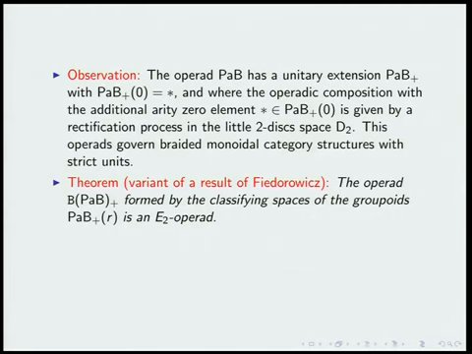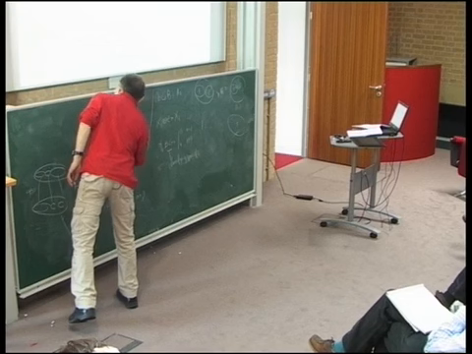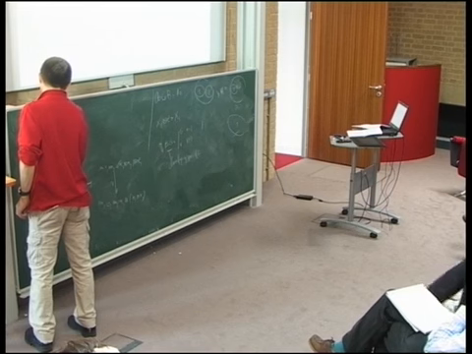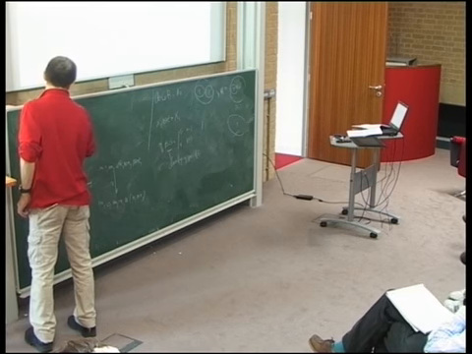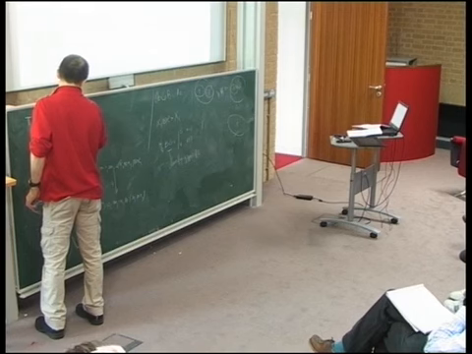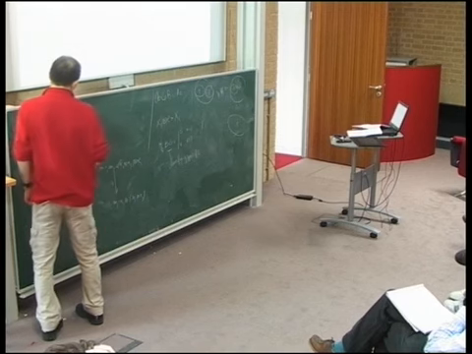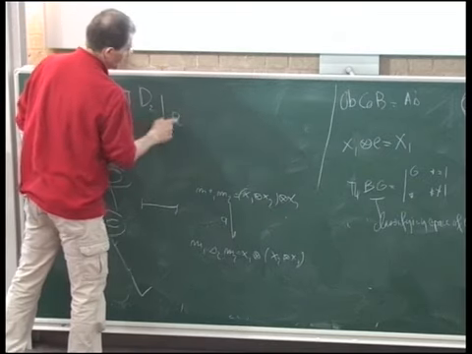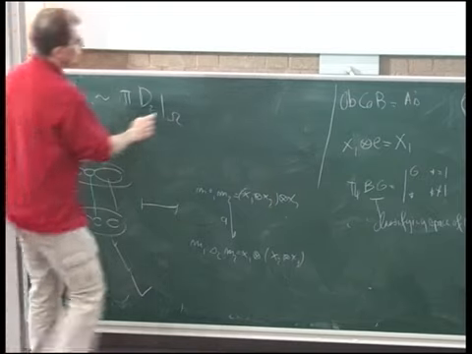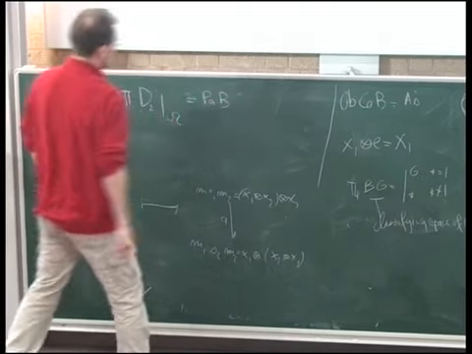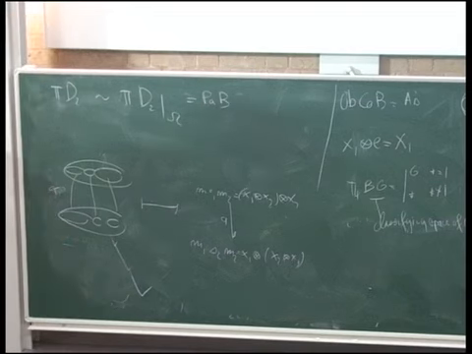It's actually very easy. So I've established that pi of D2 is equivalent as an operad in groupoids to this full suboperad generated by omega. Okay, so let's forget about the units. So this is PAB.